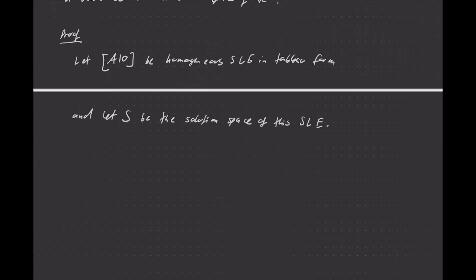We need to prove that S is a linear subspace of R to the n, and that basically means we have to go through these three subspace properties. So we show that S is a linear subspace of R to the n.